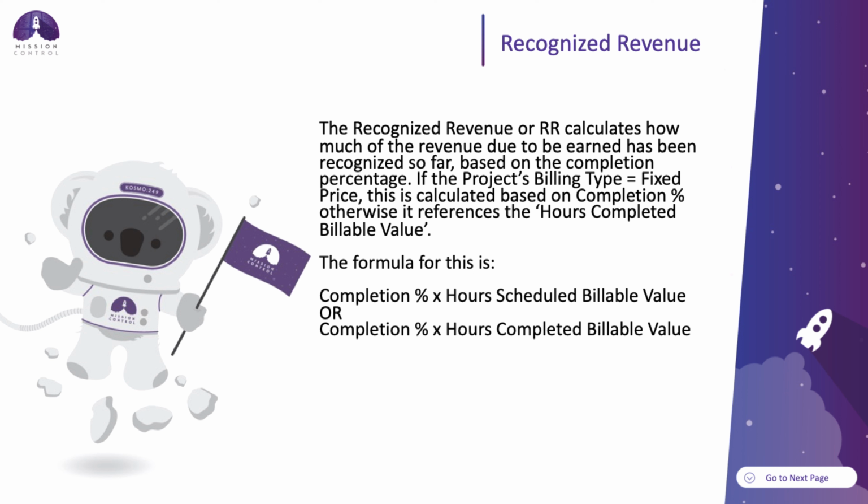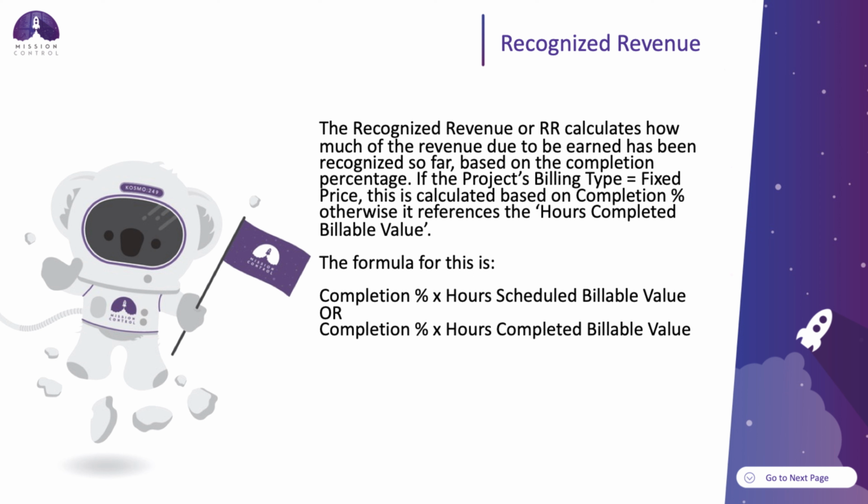Next, we have our revenue recognized. The recognized revenue, or RR, calculates how much of the revenue due to be earned has been recognized so far, based on the completion percentage. So if the project's billing type equals fixed price, this is calculated based on the completion percentage. Otherwise, it references the hours completed value, billable value.